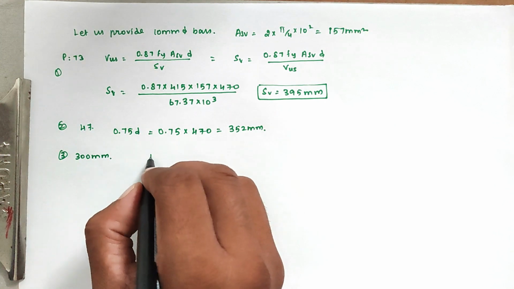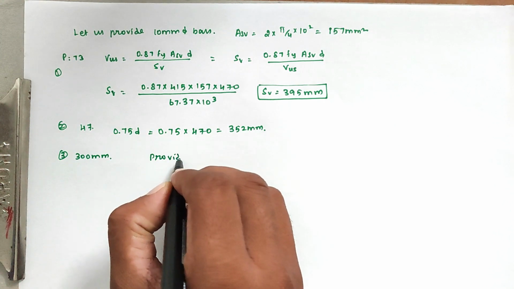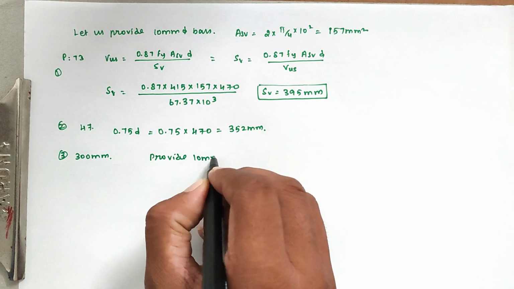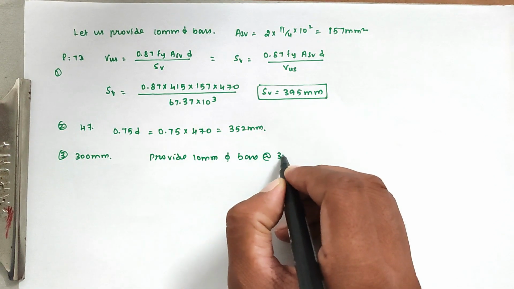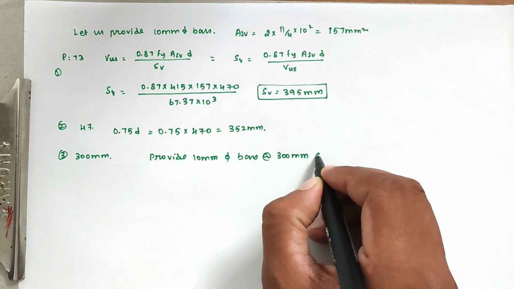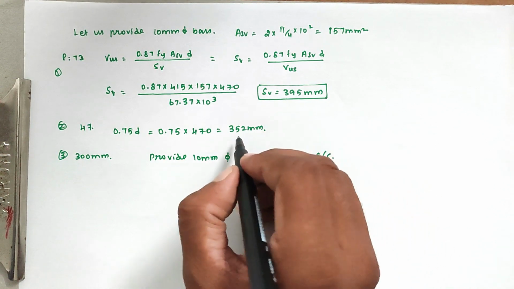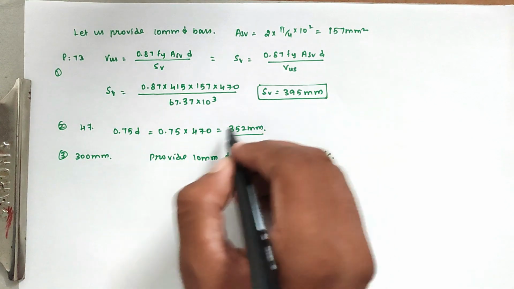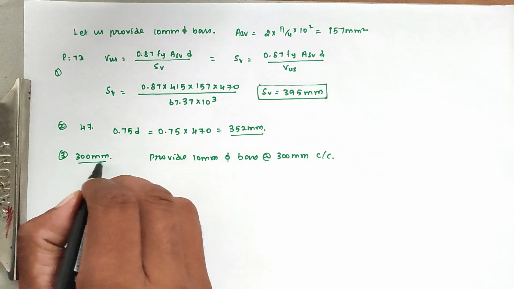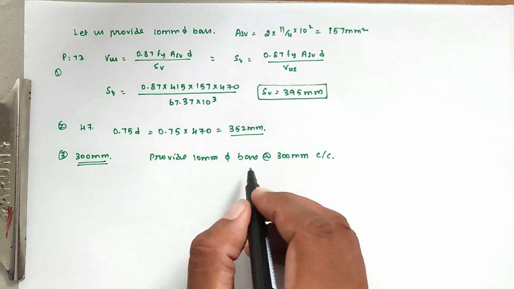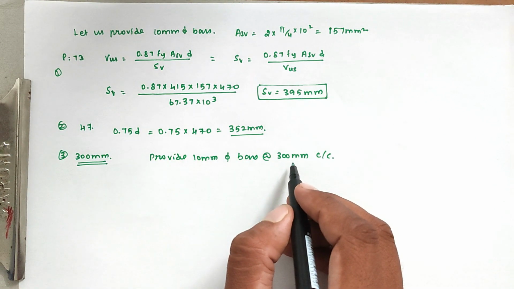Okay, so now we can provide 10 mm dia bars at 300 mm center to center. Okay, so whichever is less we have to take from those three things. So 395 and 352 and 300. So whichever is less we can take. So now we can take the 300 mm.